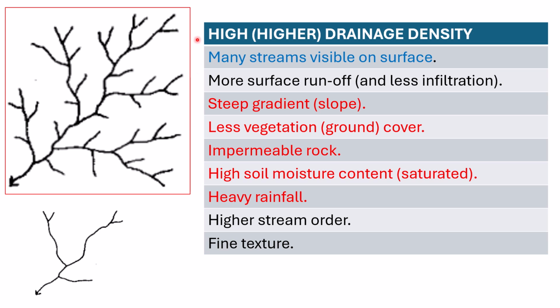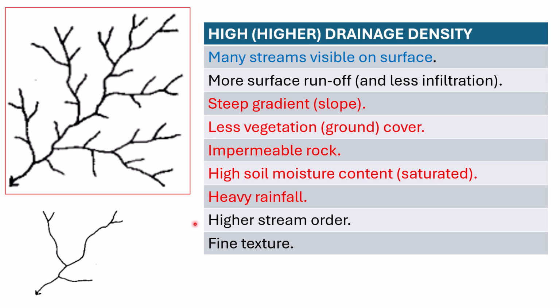So high drainage density simply means that there are many streams visible on the Earth's surface as a result of the fact that there's been very little infiltration and more of the water has remained on the Earth's surface because of a steep gradient or slope, because of reduced or less vegetation cover, impermeable rock, saturated soil, and heavy rainfall.